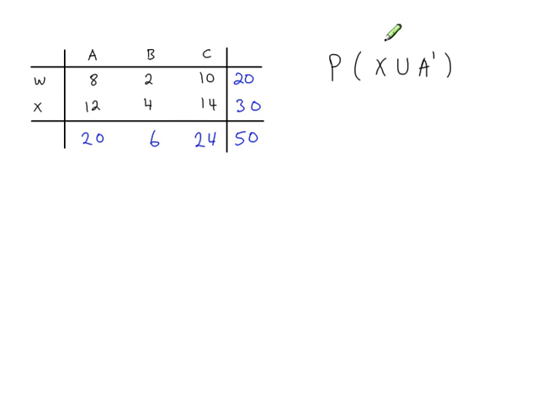The probability that event X happens, or A dash, or not A. Well, event X is in a row. Event A is in a column. So A dash is all of the other events which are in columns.